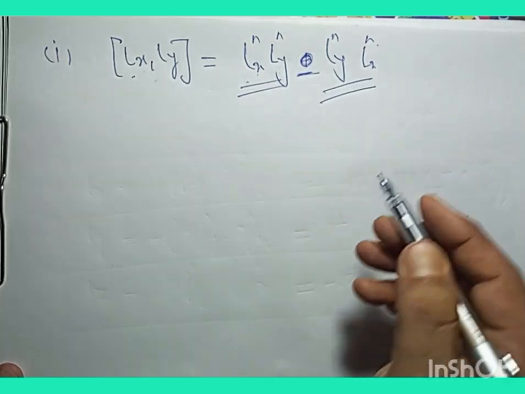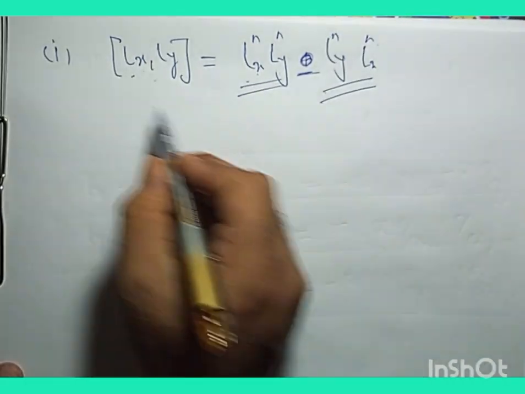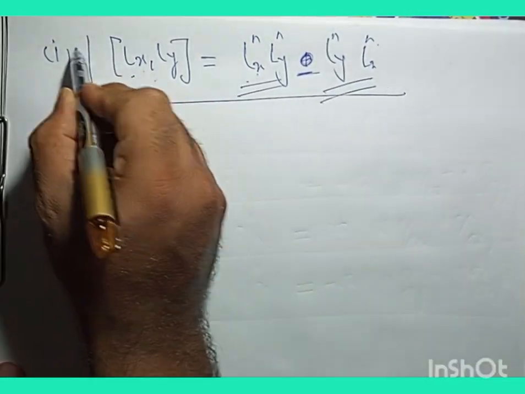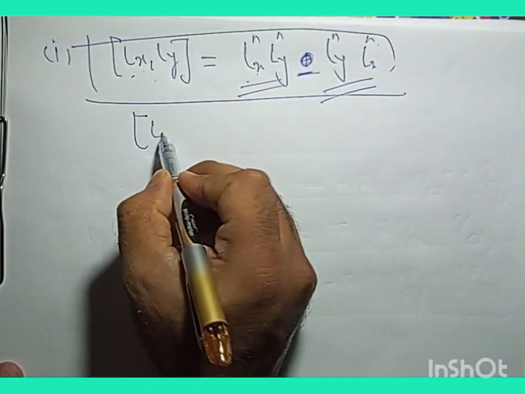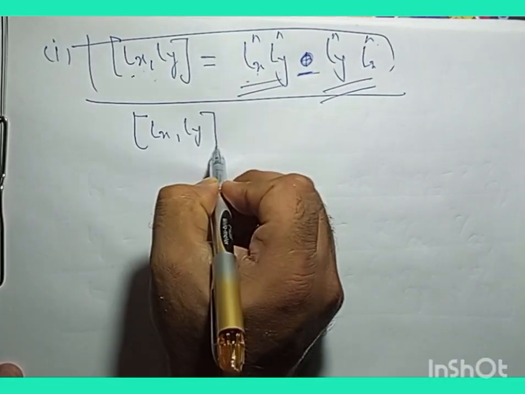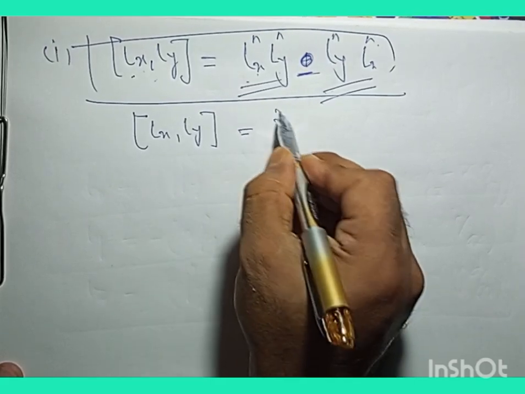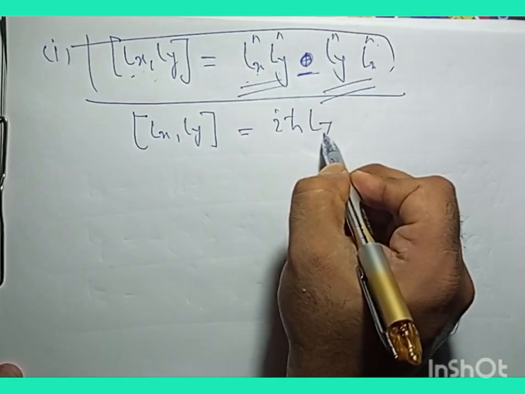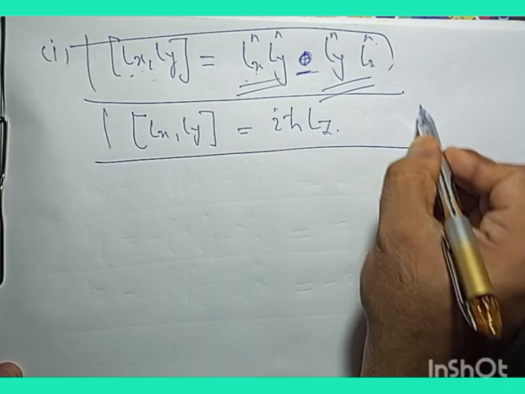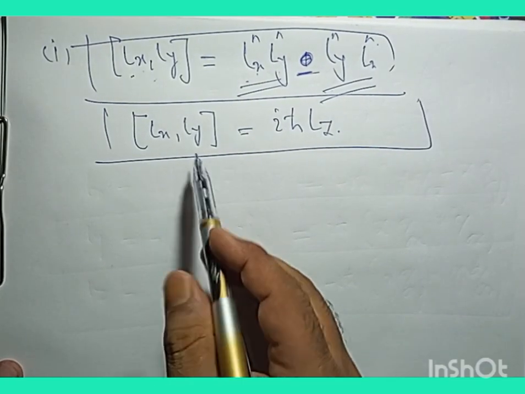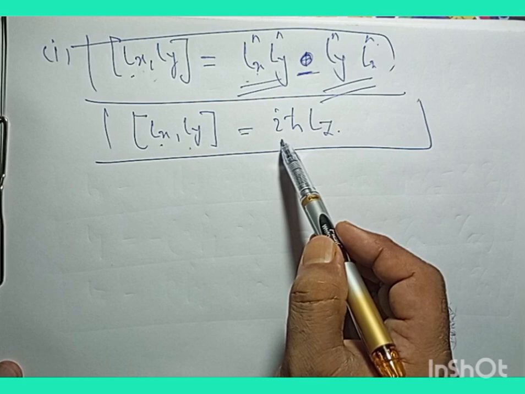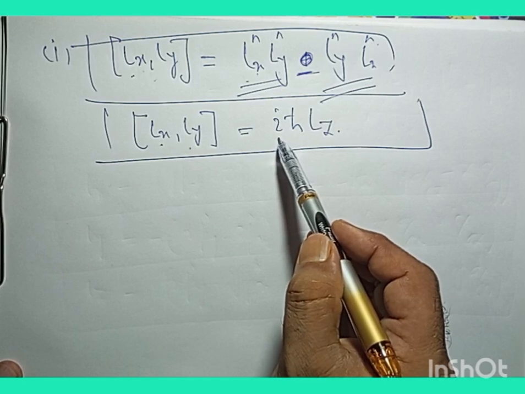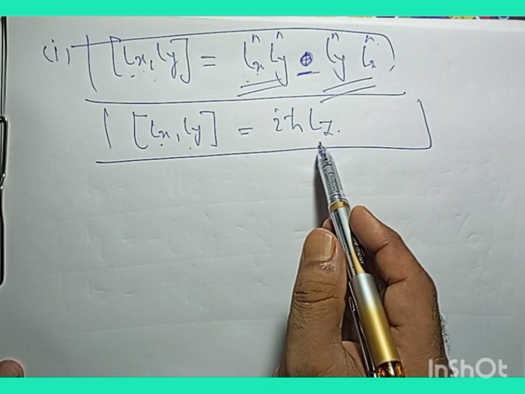To start with, it is better to first write down the result of this commutation: the commutator of Lx and Ly is iħ Lz. So this is our target. We have to obtain the commutation between Lx and Ly, and this should give us iħ Lz.